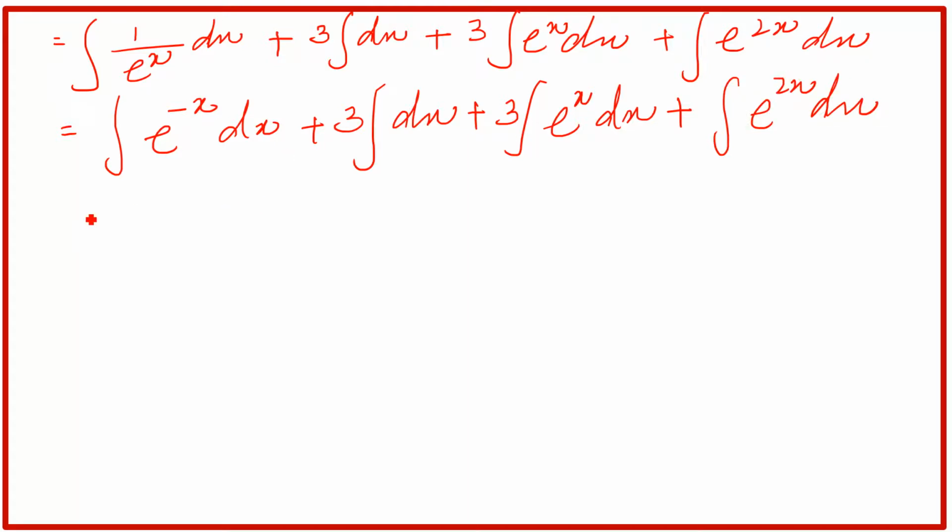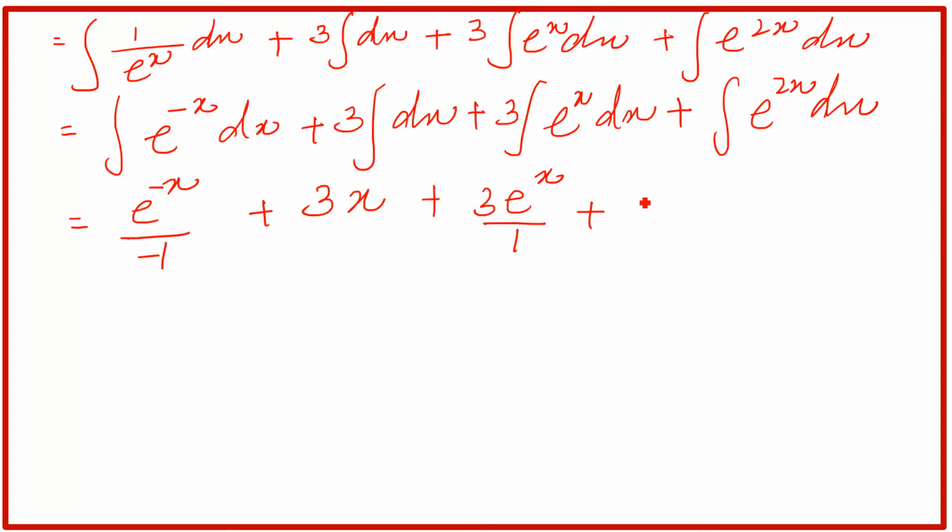So here see, it is e^(-x) and the power is -1, so we will divide by this -1, and the integral of 3 dx is 3x, plus 3e^x, and it is positive, so we have to divide it by 1, and here is e^2x, it is 2, so divided by 2, plus constant of integration.